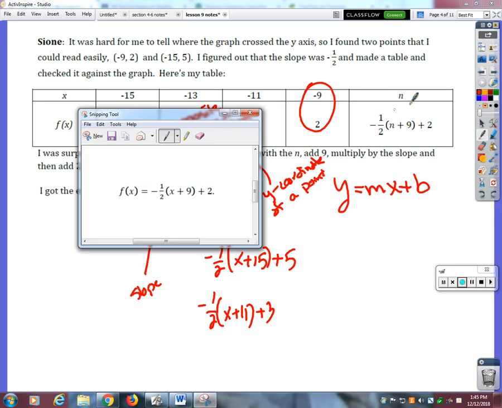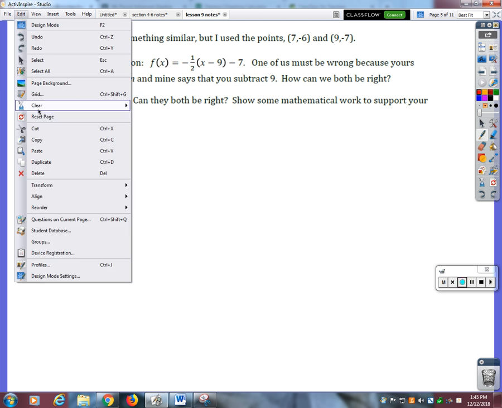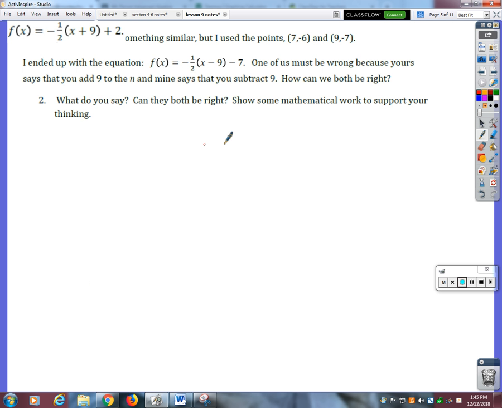So let me grab this, put it over here. Oh, nice. Okay, so if I distribute the negative 1/2, what is negative 1/2 times x? Negative 1/2 x.